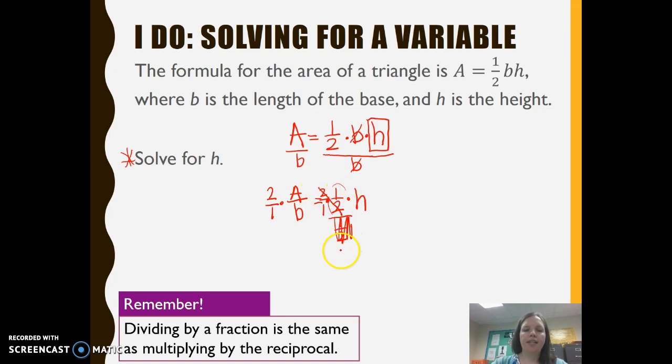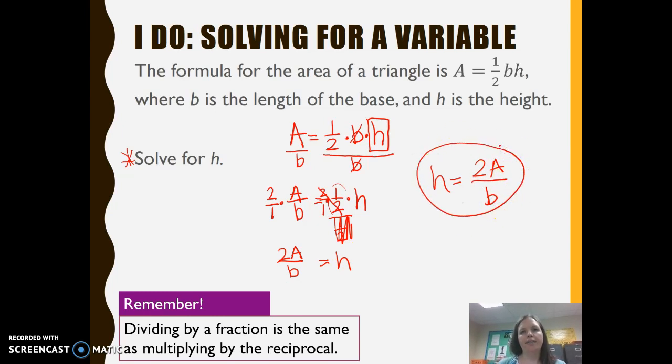On the right side, that cancels this out, so I'm just left with h. On the left side, I get 2 times a is 2a, 1 times b is b, so my answer is that h is equal to 2a over b. H is now isolated. So pick out the variable, look at the operations, and do the opposite.